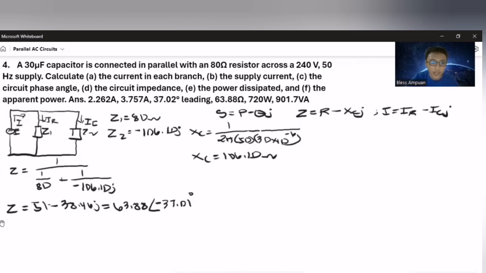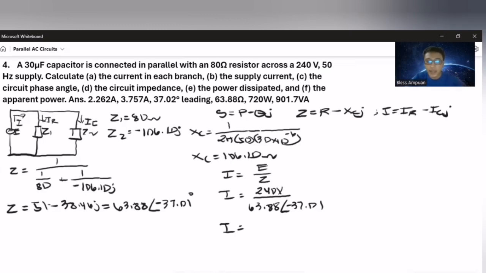Okay, next we're going to solve for the total current. Our total current is equal to E over Z. Our total supply voltage is 240 volts, and our impedance is 63.88 angle of negative 37.01.